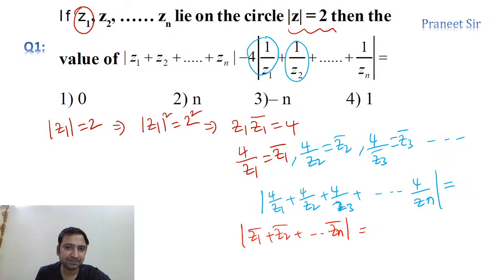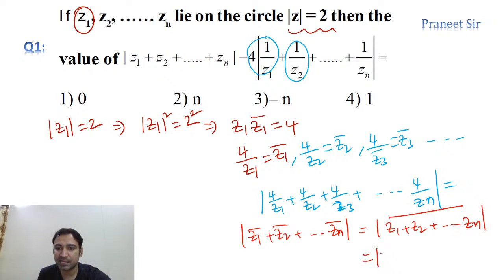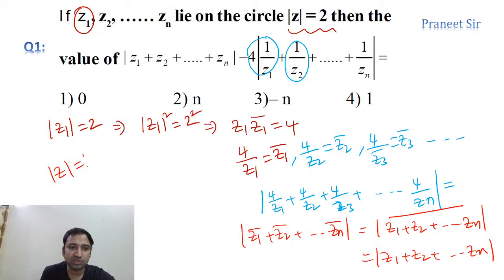Anyone got the answer? So this can be written as modulus of Z1 plus Z2 plus so on up to Zn whole bar. But this is the same as modulus of Z1 plus Z2 plus so on up to Zn. Why? Because mod z is equal to mod z bar, guys. We have this property.